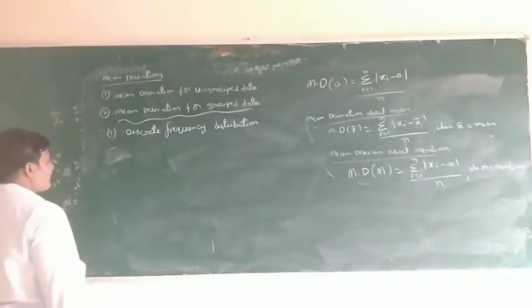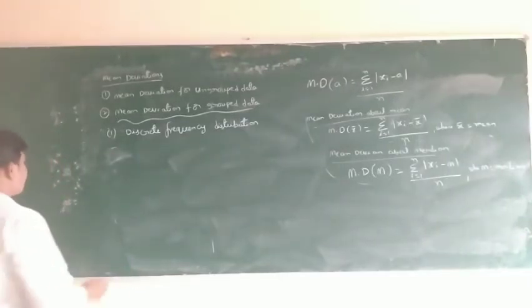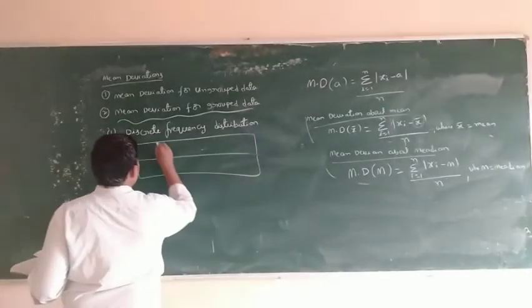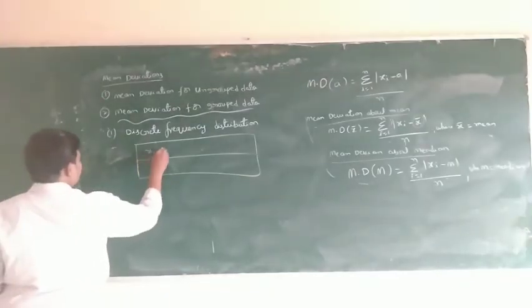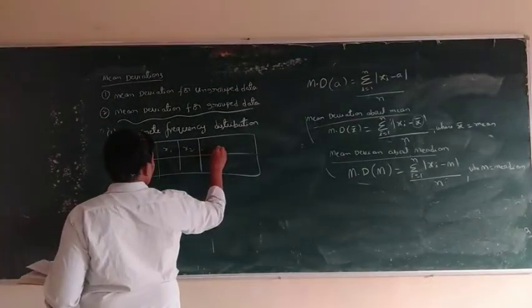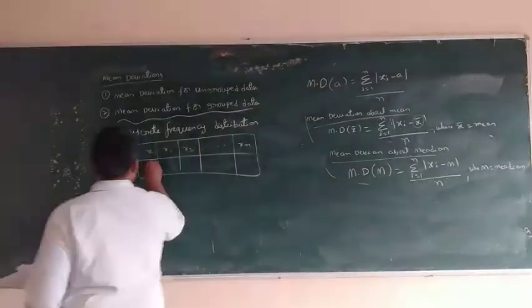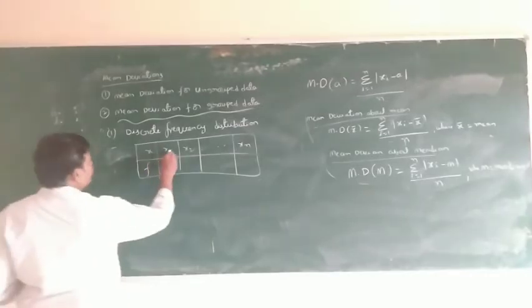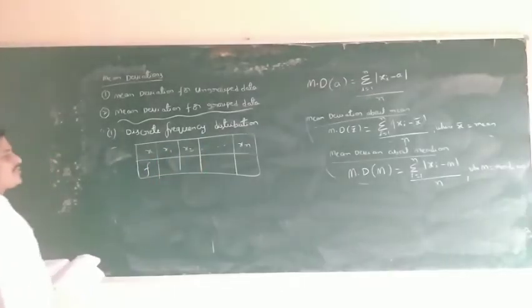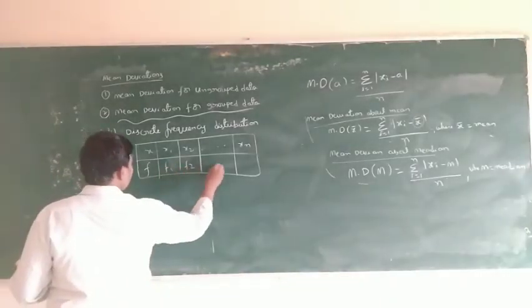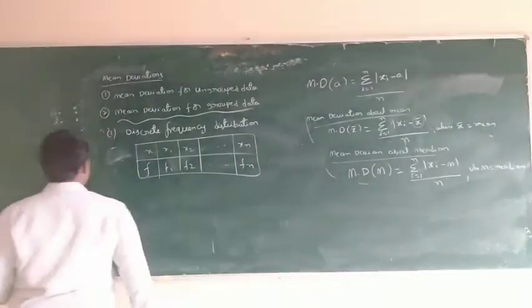Discrete frequency distribution means this type: the observations x1, x2, and so on up to xn, with frequencies f1, f2, and so on up to fn.